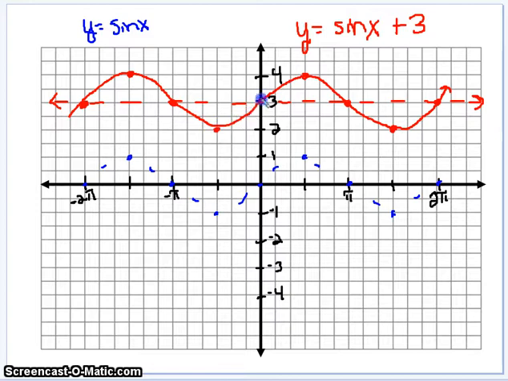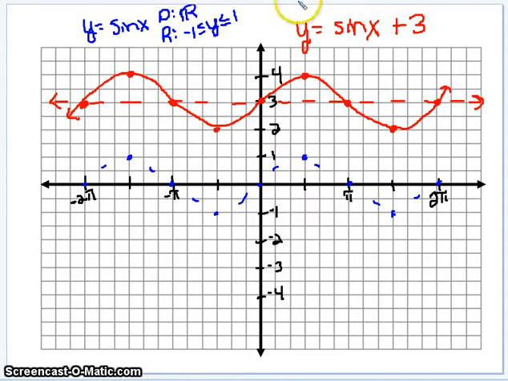Now I would like to take a second to discuss our domain and range. The domain of our sine is all real numbers, and the range of our sine is from negative 1 to 1. Y is going to be greater than or equal to negative 1 and less than or equal to 1, because we do actually have a point at 1.